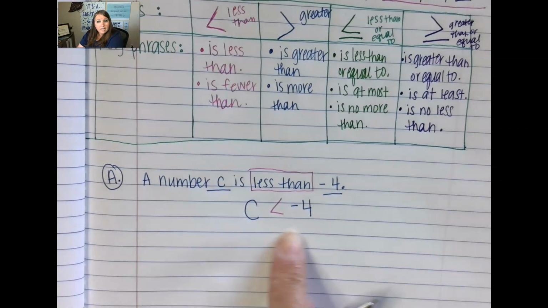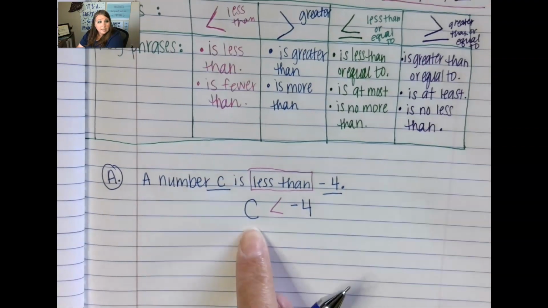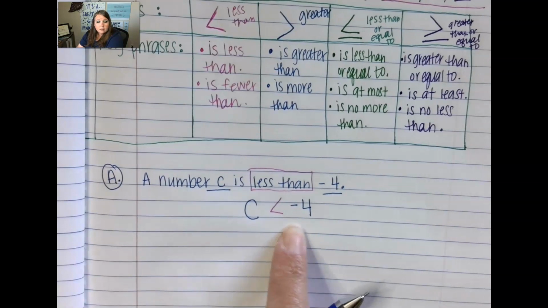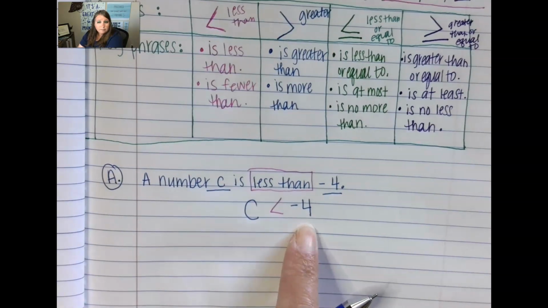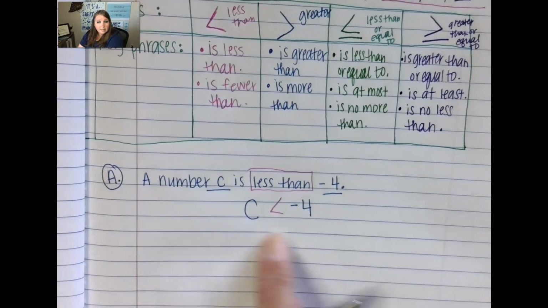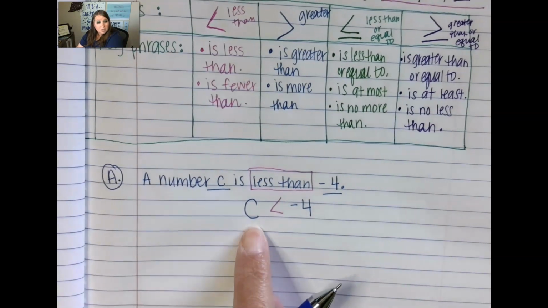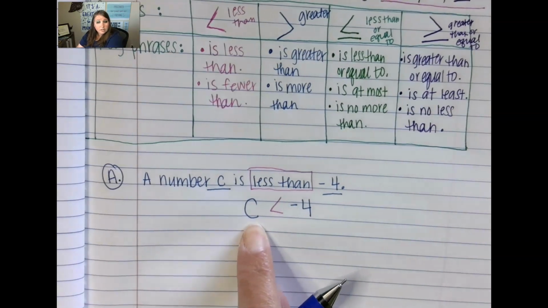So this right here is my inequality. C is less than -4. That's the inequality, and that's how it's written. We can now substitute any number in for letter C that is smaller than -4. Like -5, -100. All of those are smaller than -4.